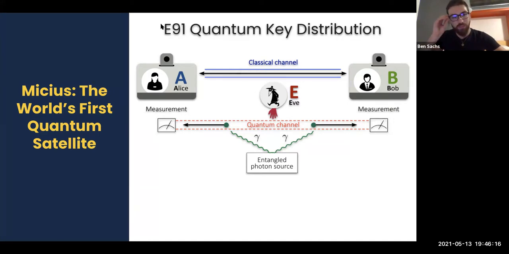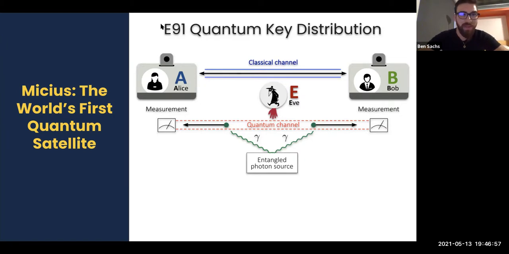But what that lets you do, you could think about this as a thought experiment. If I had the ability to generate completely random numbers, and I also had the ability to generate those random numbers for only one other person, so let's say I can generate a random string of numbers, and then I magically give Matthew the ability to generate that same random string of numbers exactly, think about how useful that would be for cryptography.